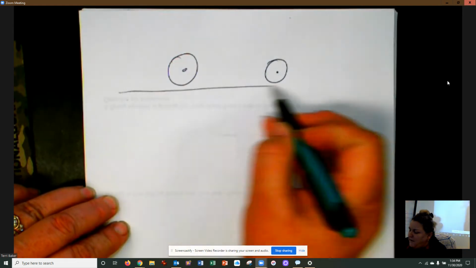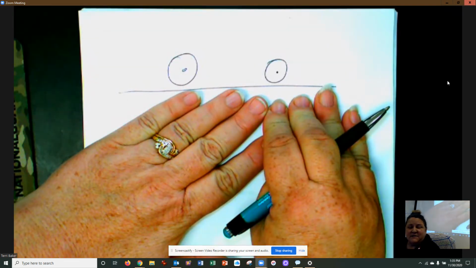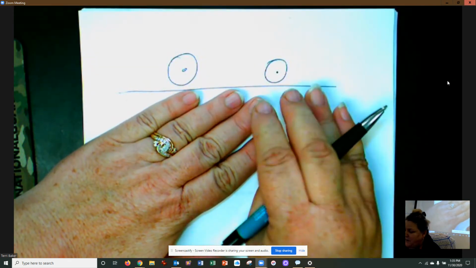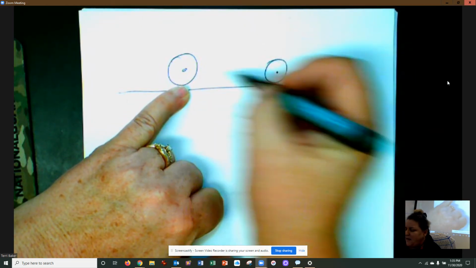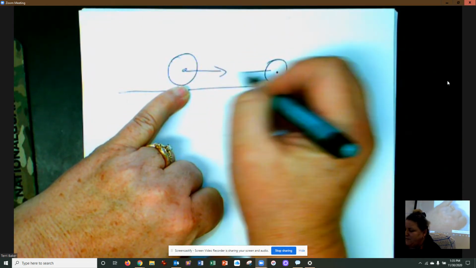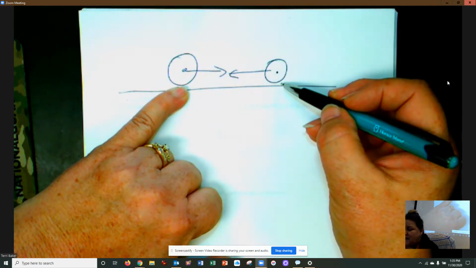So let's say we have two bowling balls. If they weren't on Earth, okay, and there was no other gravity except these two bowling balls, they would be moving towards each other. There's a gravitational attraction between all objects.